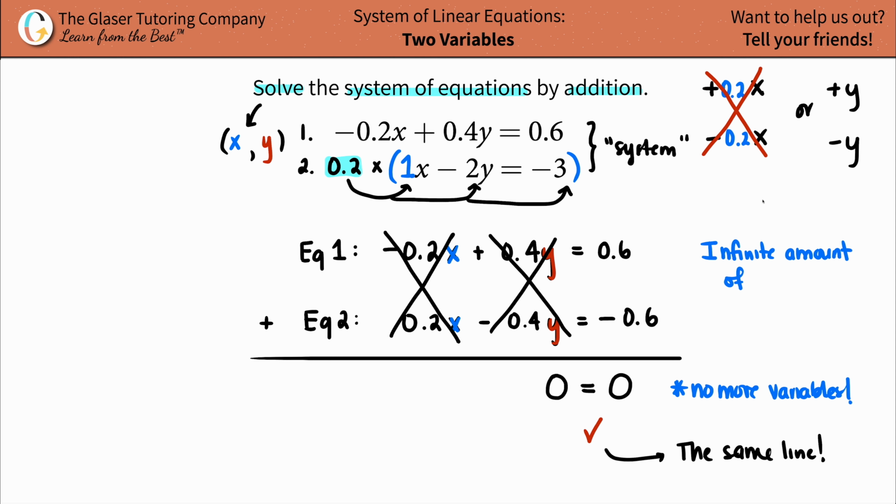In theory, there's an infinite amount of numbers on that line. Infinite amount of solutions. And that is the answer to this question. That was fun. What did you think?